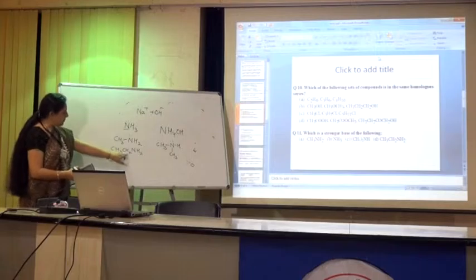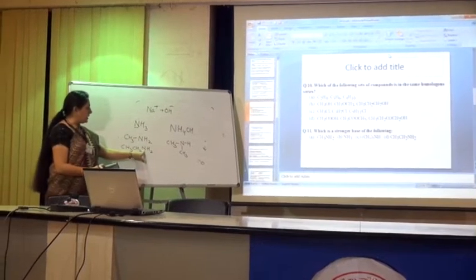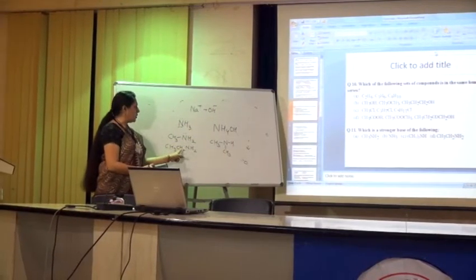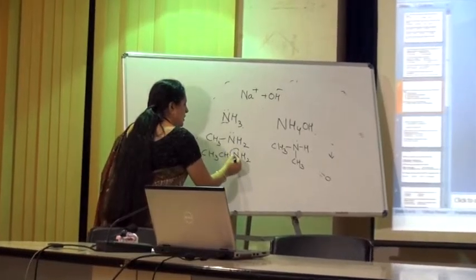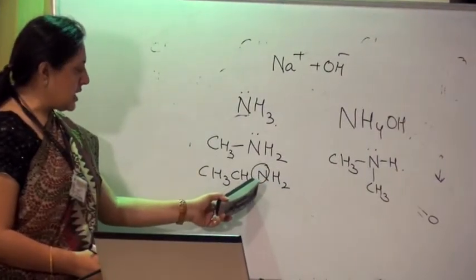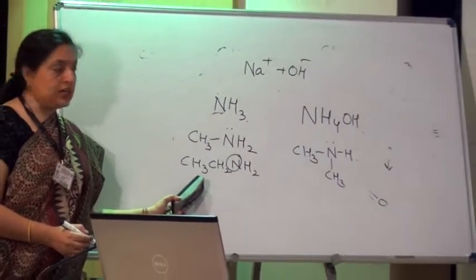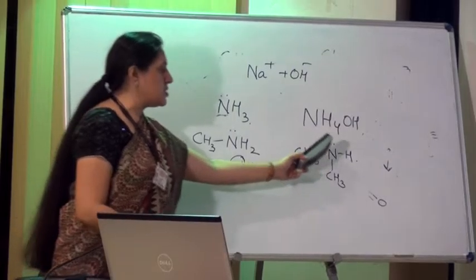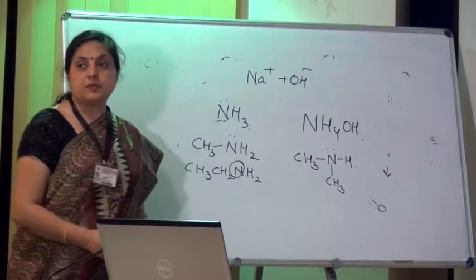But now if I compare ethylamine and dimethylamine, on nitrogen here you have 2 hydrogens and 1 alkyl group, whereas in this case you have 1 hydrogen and 2 alkyl groups. So this is a stronger base.